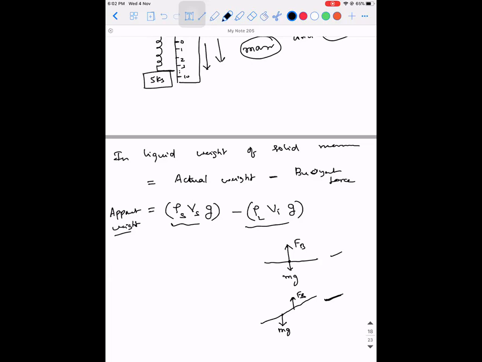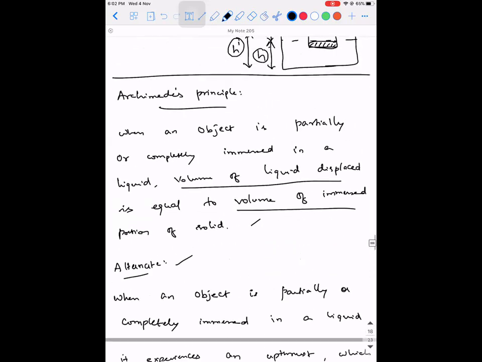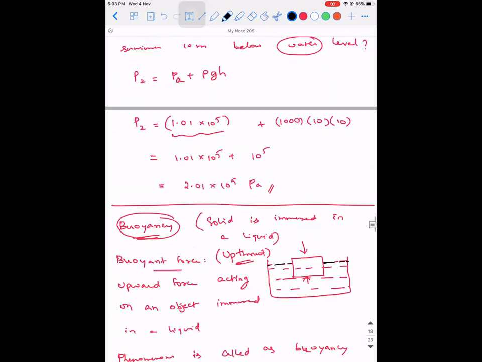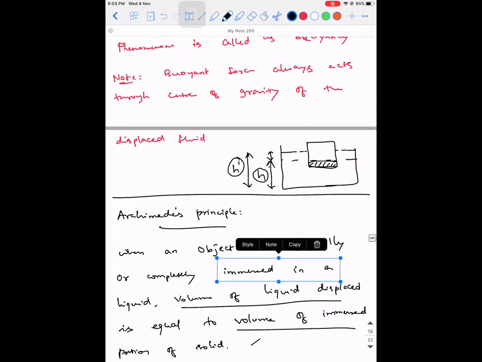Okay, I understand. So here comes an important point. Good that you asked. I told you an important point about buoyant force. It always acts through the center of gravity of the displaced fluid. That is a very, very important point. Based on this only, all the ships are designed.